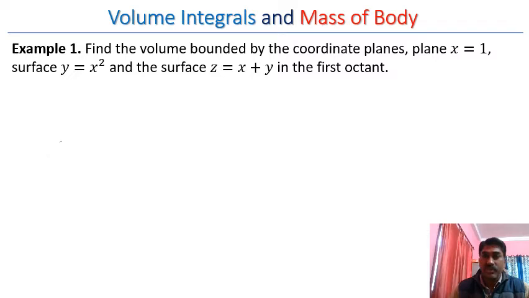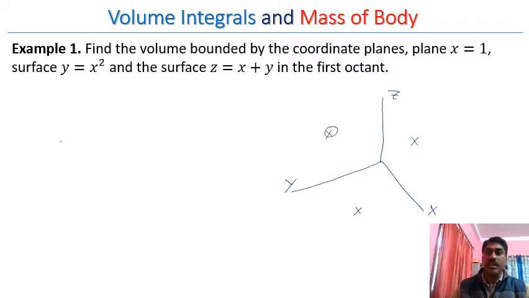If you draw the coordinate planes something like this, x axis, z axis and y axis. So this is the xz plane, this is the yz plane, and this is the xy plane.